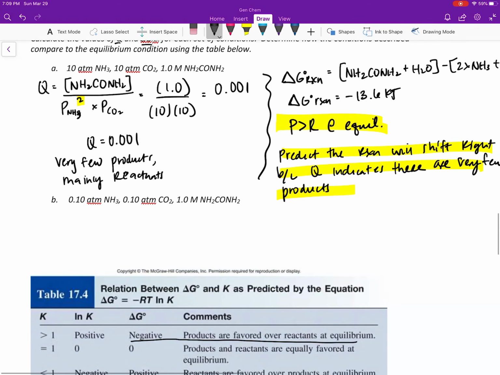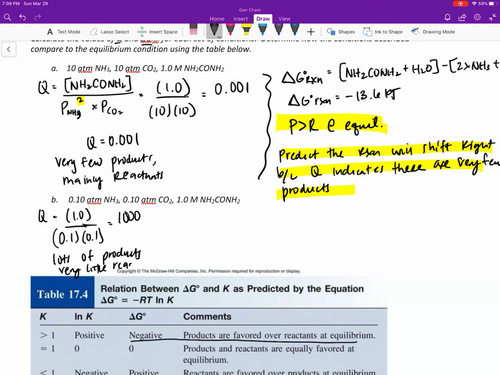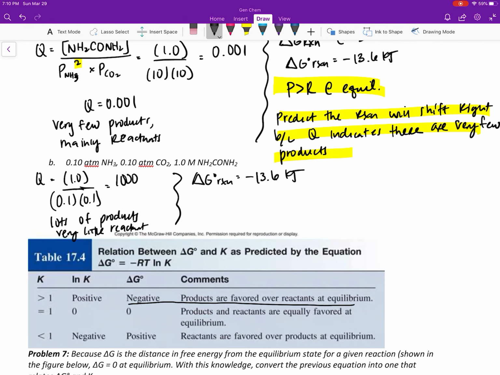So let's look at Q in the next one. Now it's going to be 1 divided by 0.1 times 0.1, and Q is going to be equal to 1,000. This tells us lots of products, very little reactant. The delta G is still going to be negative 13.6, which would indicate that the products are going to be favored.